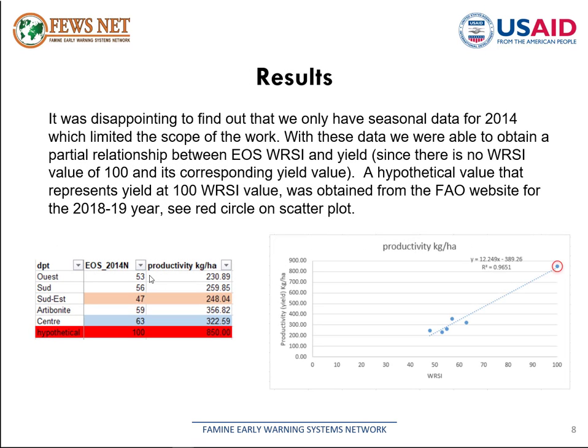Here is the department, this is the WRSI value, and this is the yield data. And this value right here in red is a hypothetical value, because Harry found that in a good year, we are assuming that a WRSI value of 100 could produce 850 kilograms per hectare.